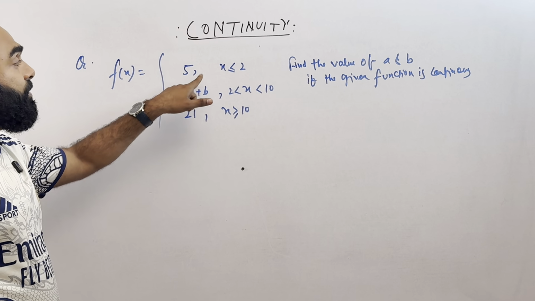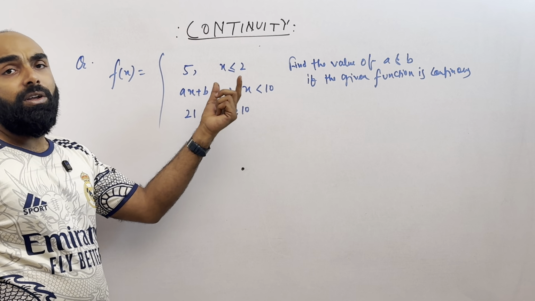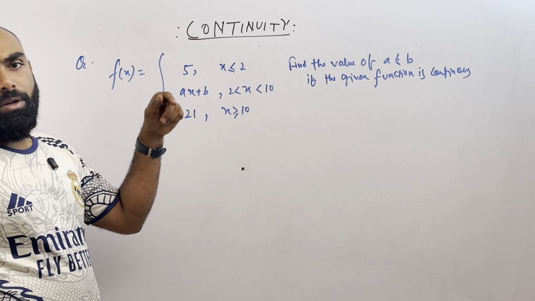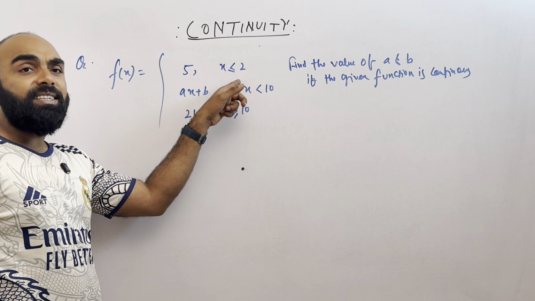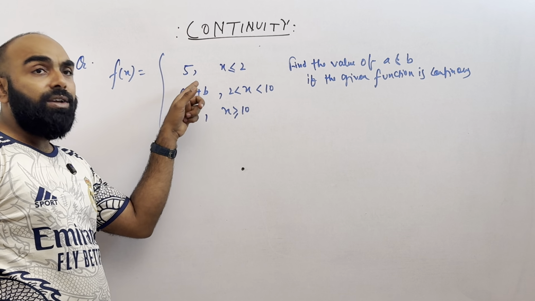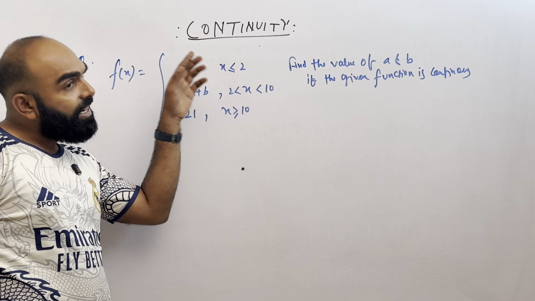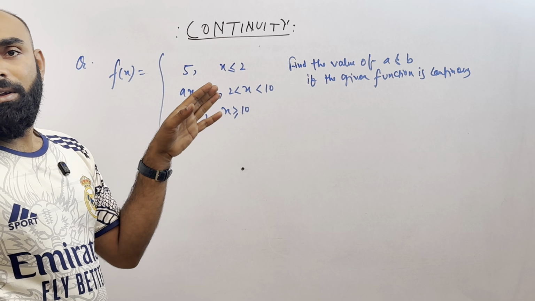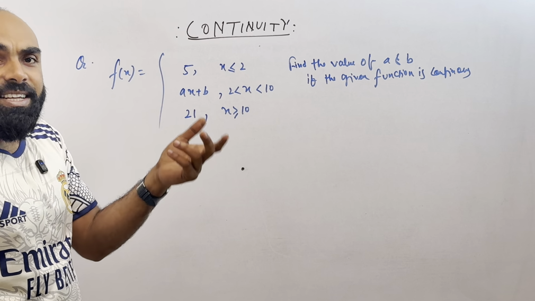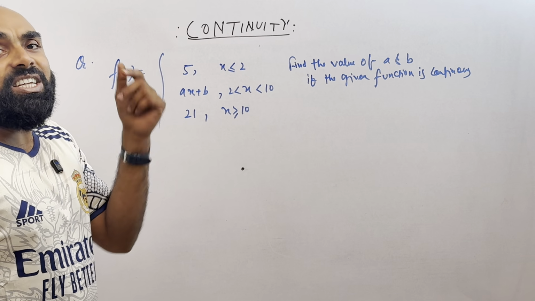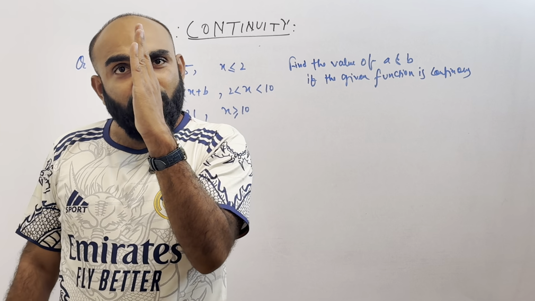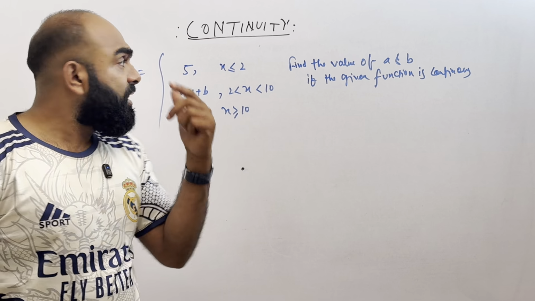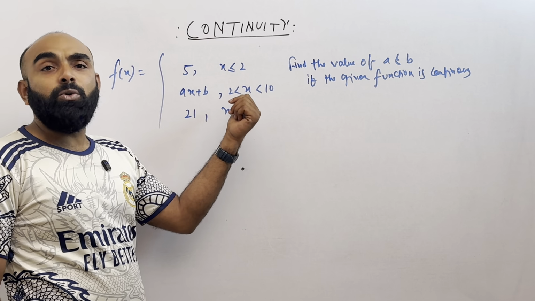You can see f of x is equal to 5 when x is less than or equal to 2. This means at 2 the function value is 5 only, and for 2 minus h, or limit x tends to 2 minus, it is also 5. For 2 plus h, what is the function? It is ax plus b, valid for greater than 2 only.